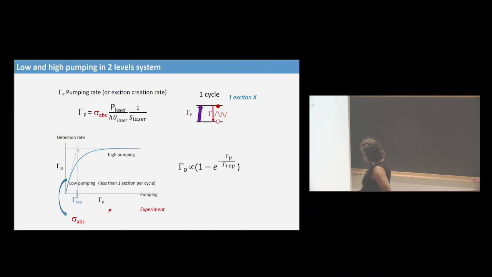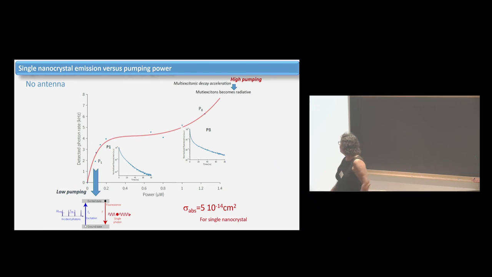And here you can see it's linear and then it's saturating. From this slope, you can extract the absorption cross-section. In fact, in the experiment, we don't work with gamma p, we work with p, but you can see that we can find the correspondence.